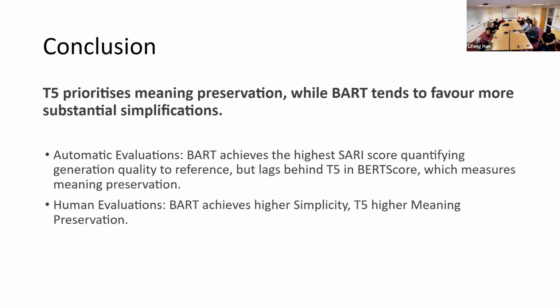The human evaluation goes in the same direction, because BART achieves higher simplicity while T5 achieves higher meaning preservation. So what we concluded is that the T5 model prioritizes meaning preservation, while BART tends to favor more substantial simplifications. It might simplify more, but at the cost of also introducing some errors.